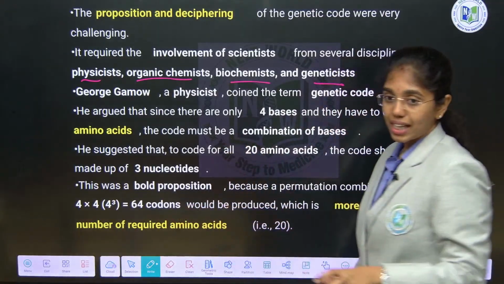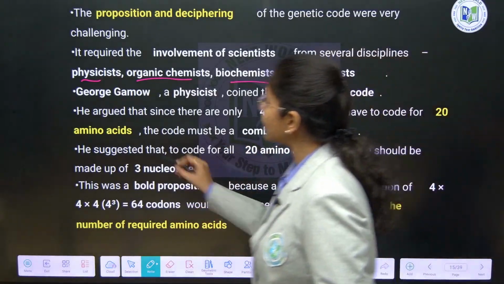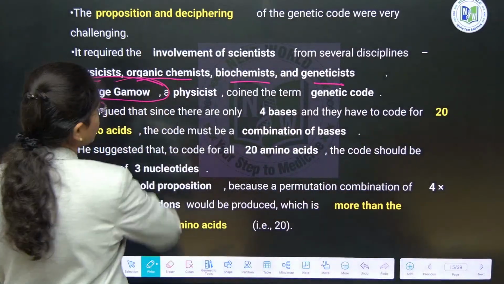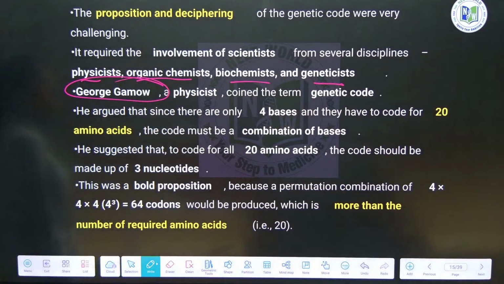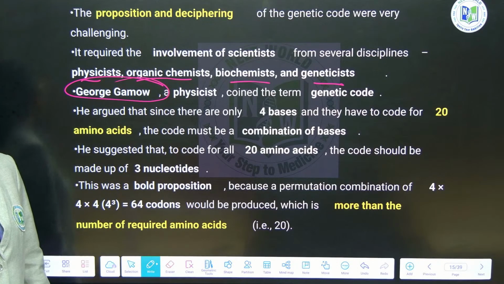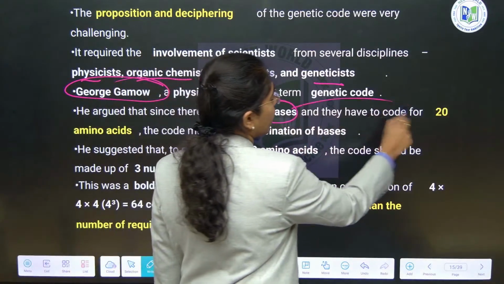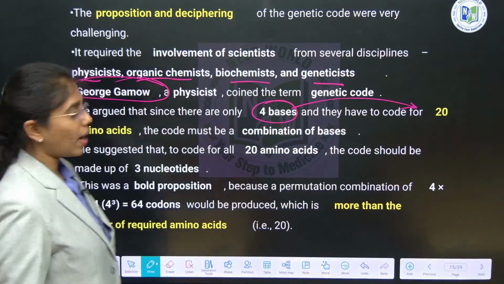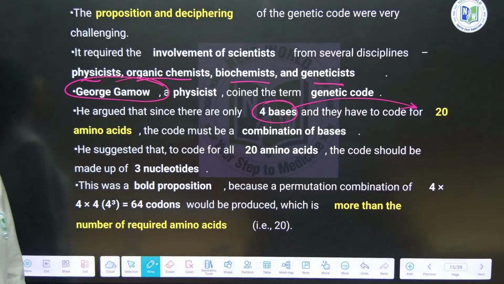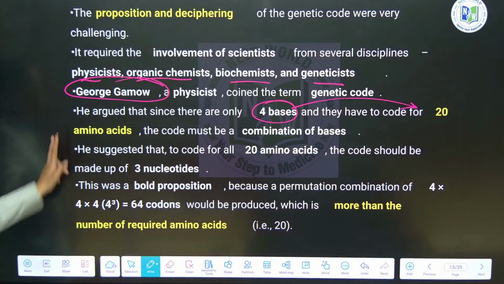George Gamow, a physicist, delivered the genetic code idea with 4 bases. They have to code for how many amino acids? 20 amino acids. 4 nitrogen bases, right? And they have to code for 20 amino acids. The code must be a combination of the bases. This is the rule.